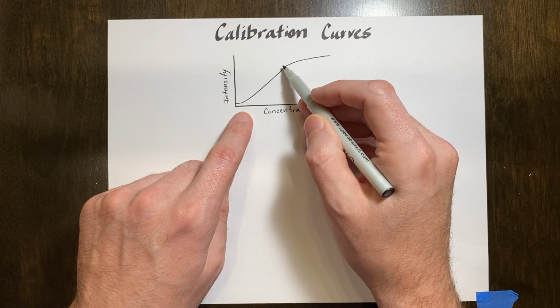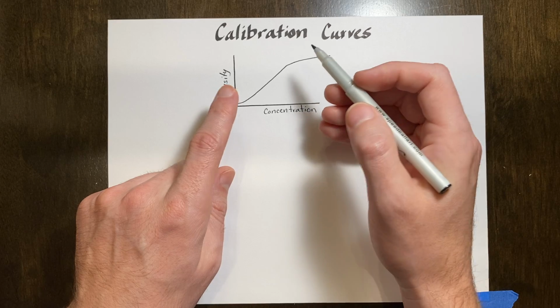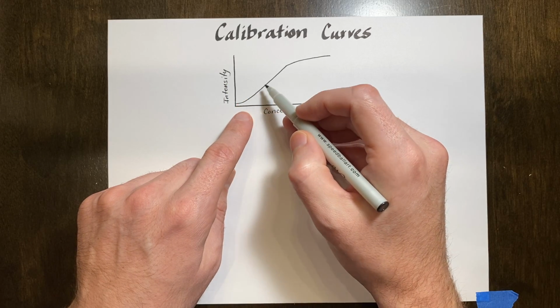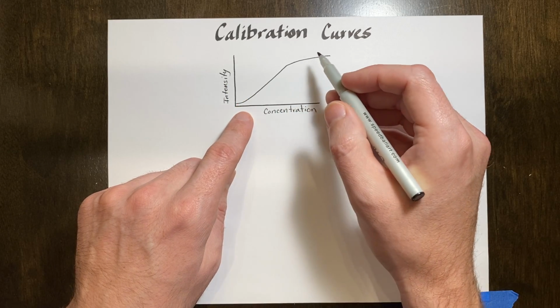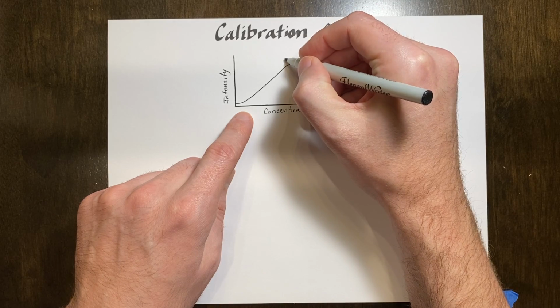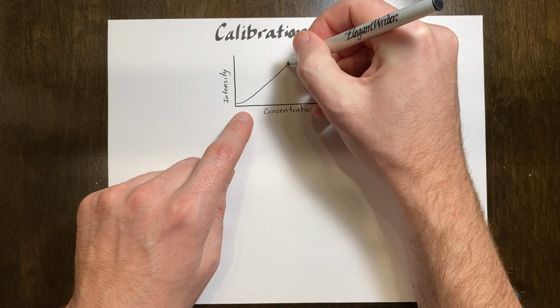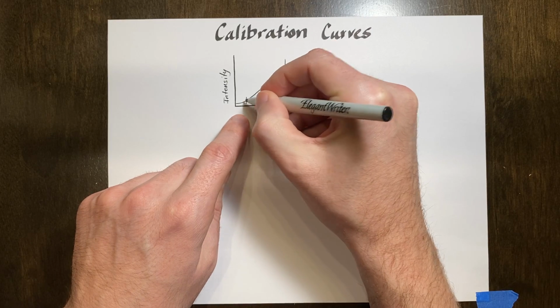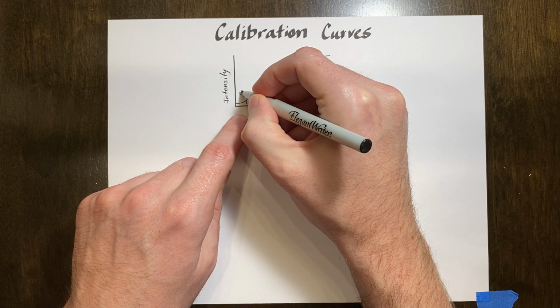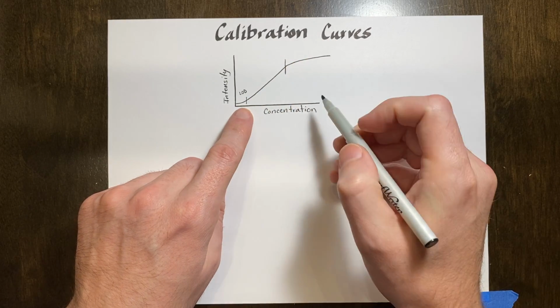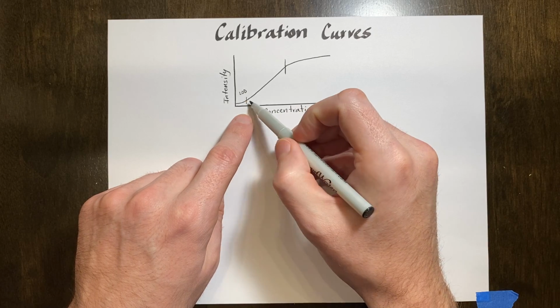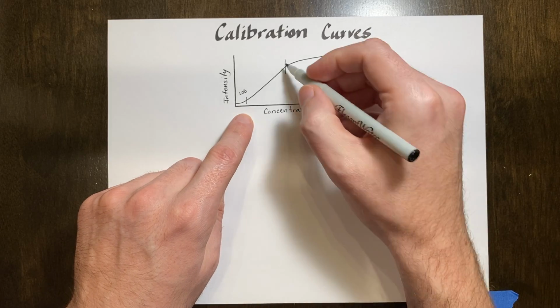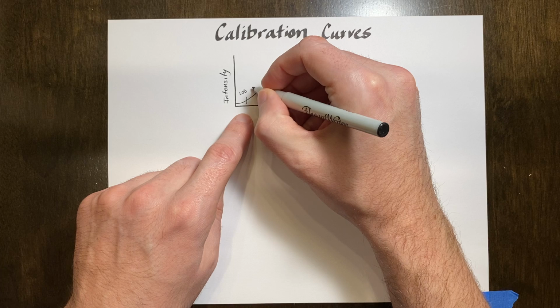Often methods have a linear range, and that would extend from here down to the limit of detection. Somewhere down there is the limit of detection, and in between is the linear range.